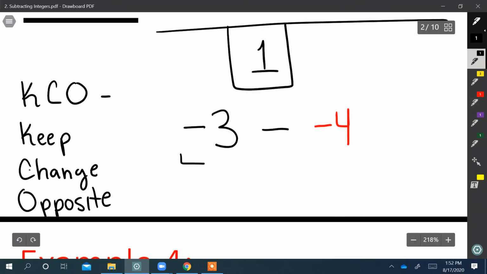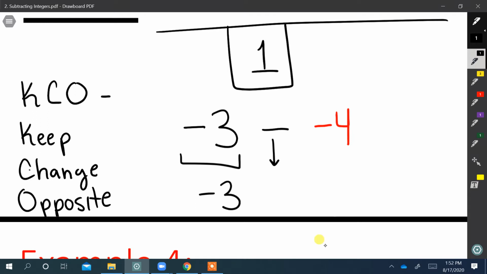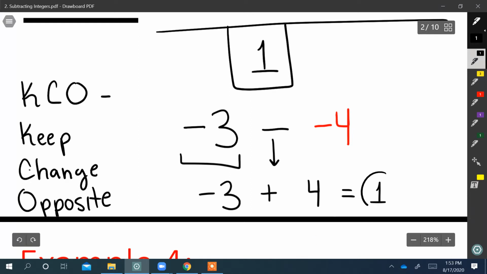Keep means that this one, we're going to keep it the same, the way it is. That one is going to stay as -3. Now this minus sign is going to change to a positive. So what I mean by change is just change the minus to a positive. And what is the opposite of -4? Well, the opposite of -4 is +4. When you add those two together, you get 1.